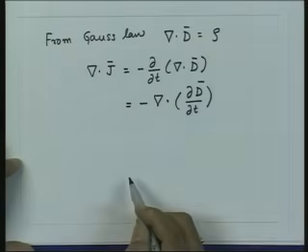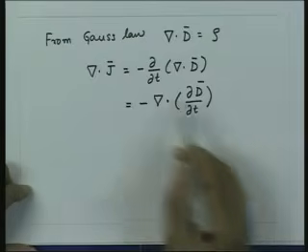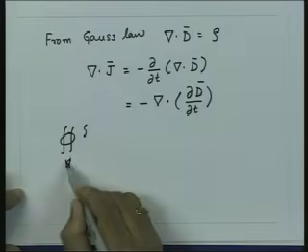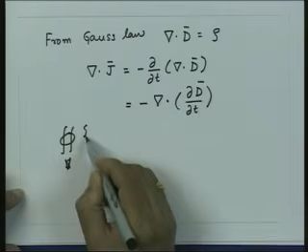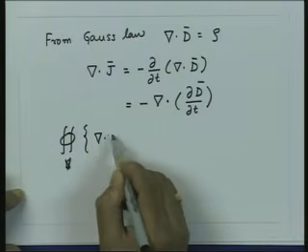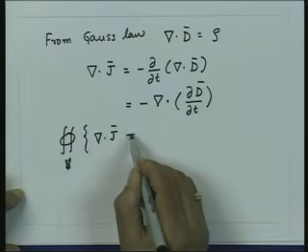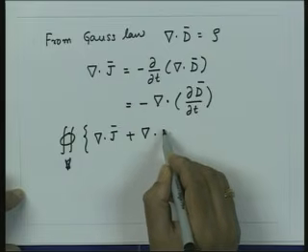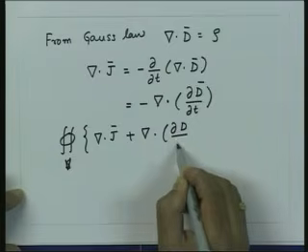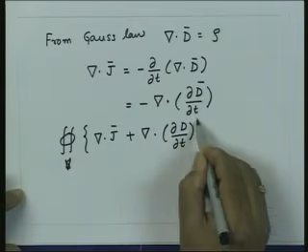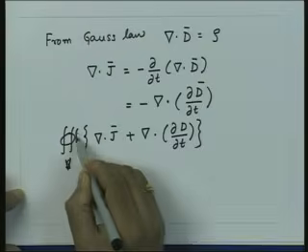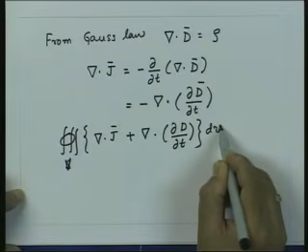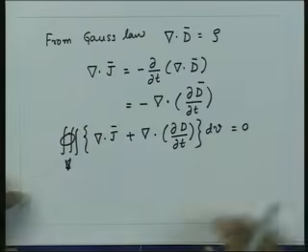I can bring this thing on the left side and integrate over volume. This is del dot J plus del dot dD by dt dV, that should be equal to 0.